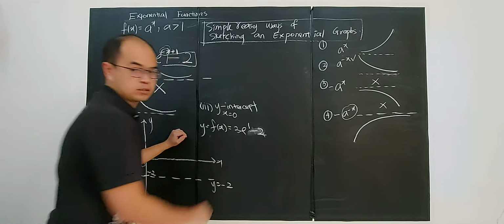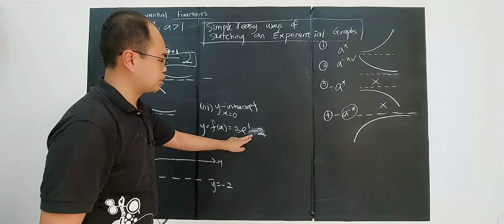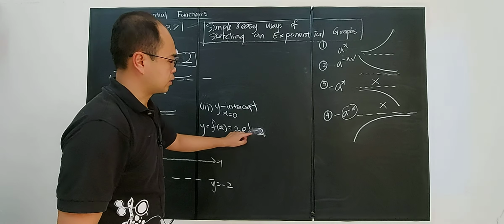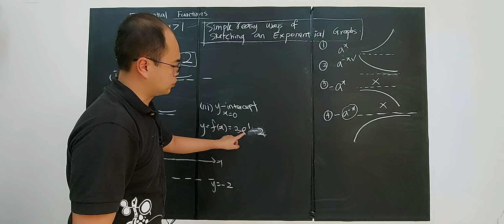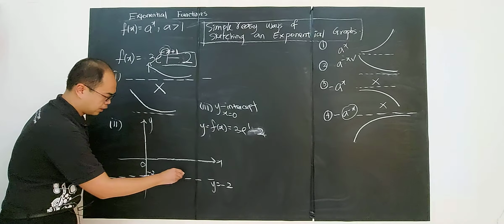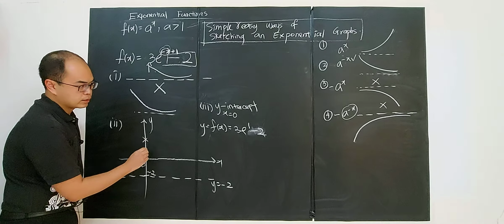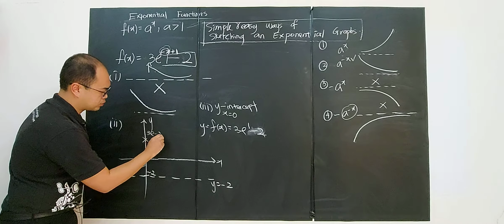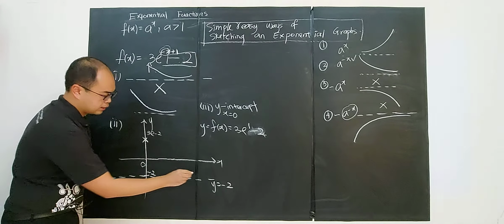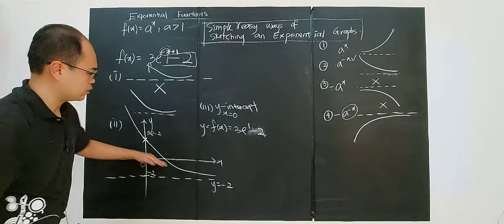So this will be a positive number. If you use a calculator, 3e minus 2 is a positive number because e is 2.718. So 3 times this one minus 2, you will get a positive number. So it will intercept above the x-axis here. Let's say you just roughly sketch 3e minus 2 here, the value you can get from the calculator, and when you sketch, you know the graph will be going this way.